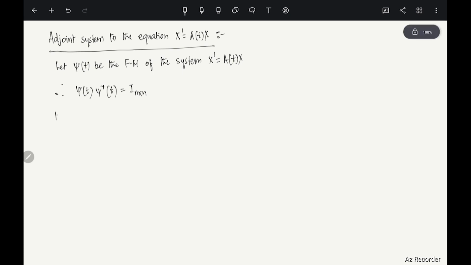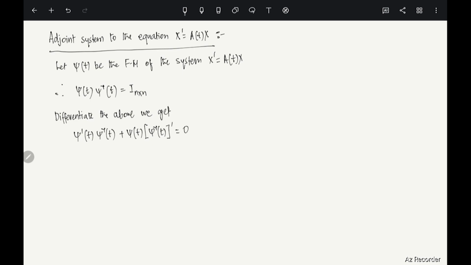If you differentiate the above relation, we get phi prime of t times phi inverse of t plus phi of t times the derivative of phi inverse of t, and this is going to be the zero matrix.